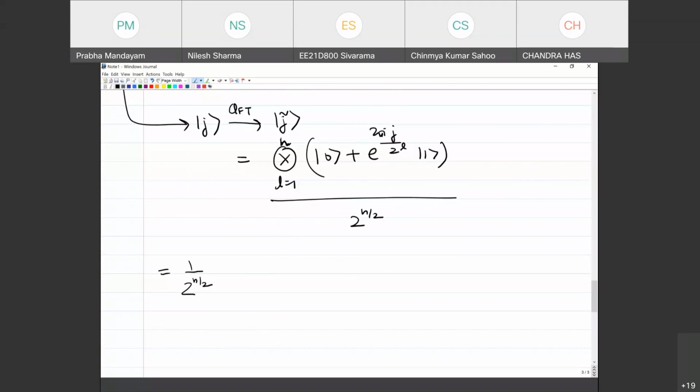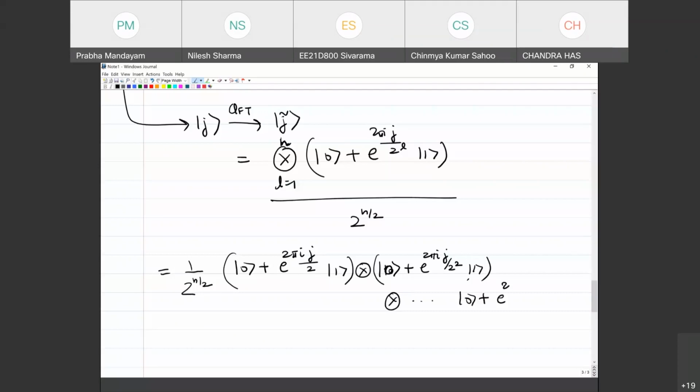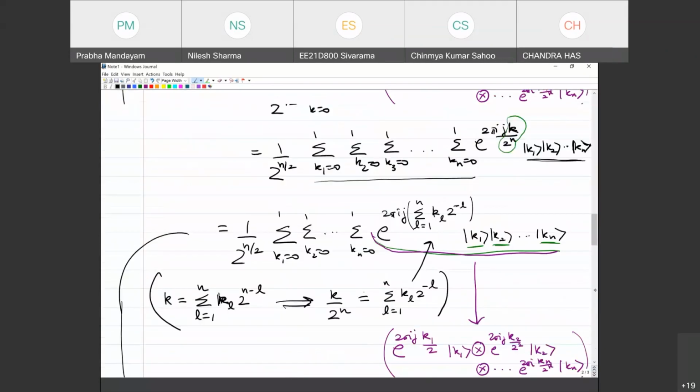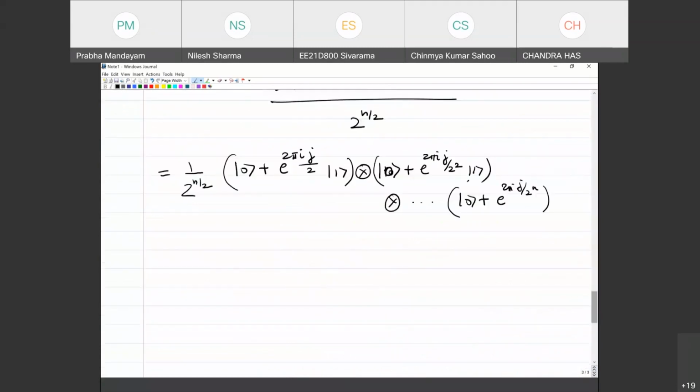And when L is 1, this becomes 0 plus e to the 2 pi I j over 2, 1. So j over 2 squared. Okay.